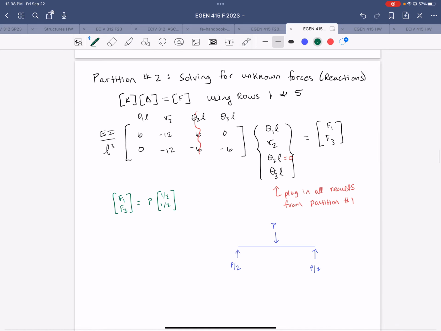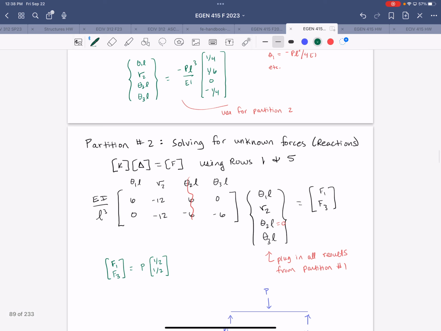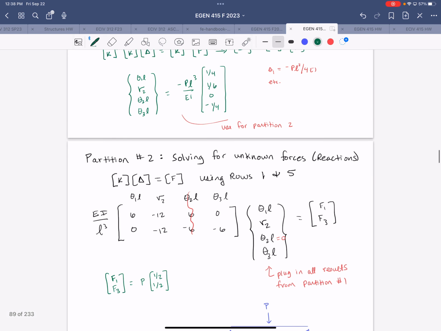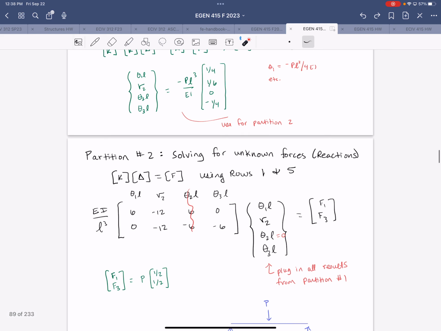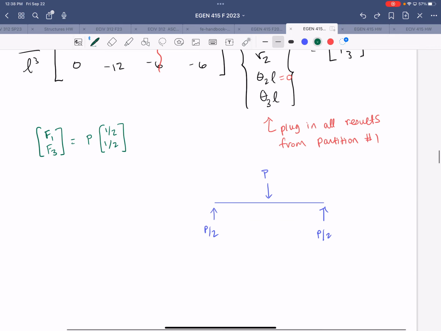Sketching the deflected shape using the results, right? We can probably all sketch the deflected shape just intuitively, but we want to make sure that our results make sense. So we have theta 1 and theta 3 equal in magnitude, and opposite in direction. So we have a negative value for theta 1 and a positive value for theta 3. Negative translates to clockwise rotation.